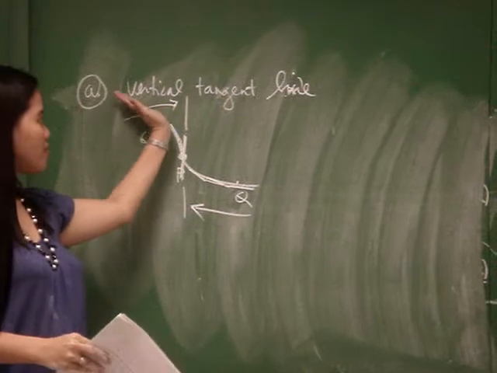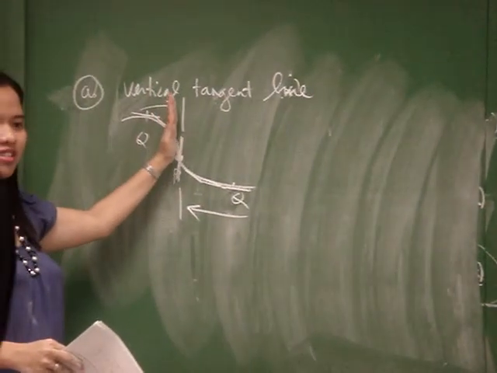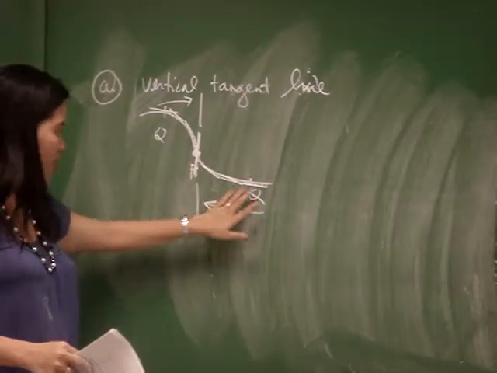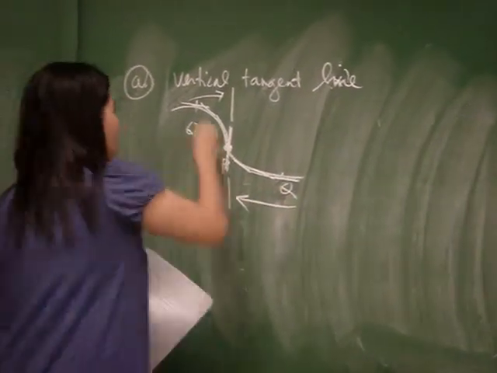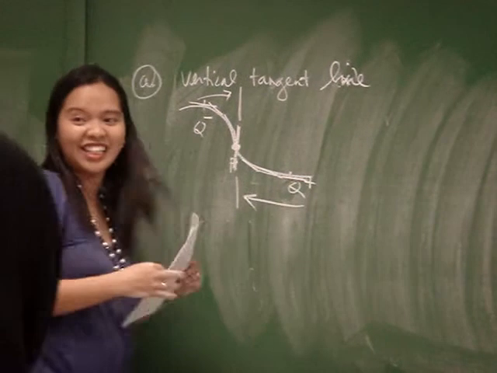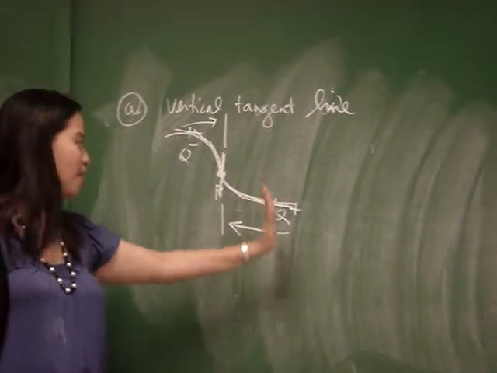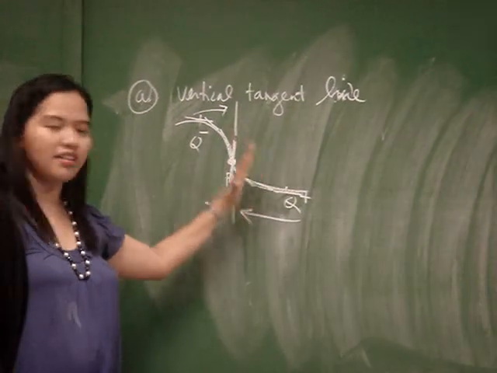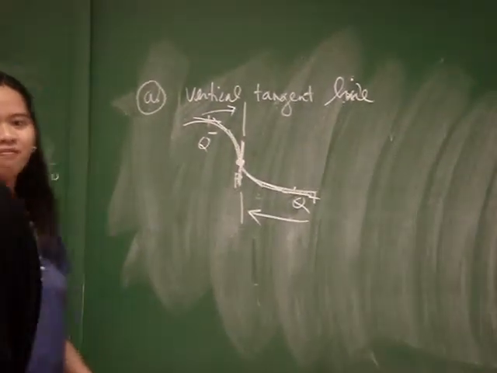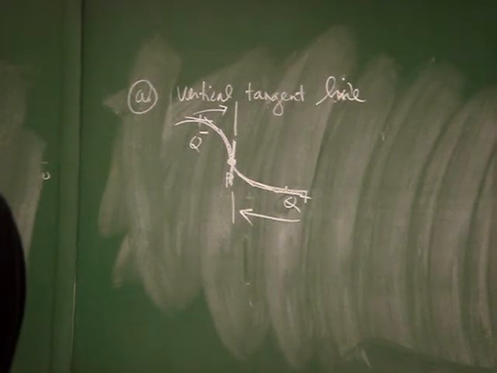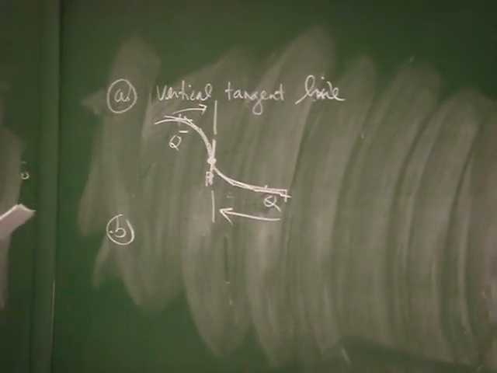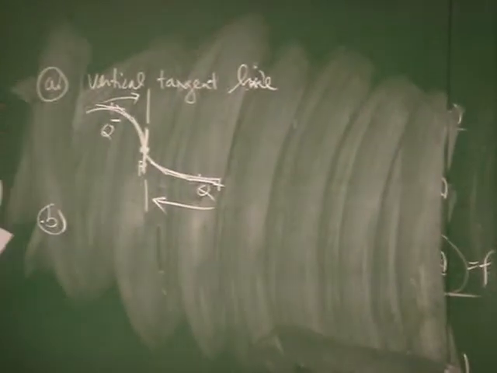You know, it moves like this, it moves like this, as Q approaches P. How about for this one? As Q from the right, say Q plus, approaches P, what happens? The tangent line moves in that direction. So the derivative fails to exist at P.